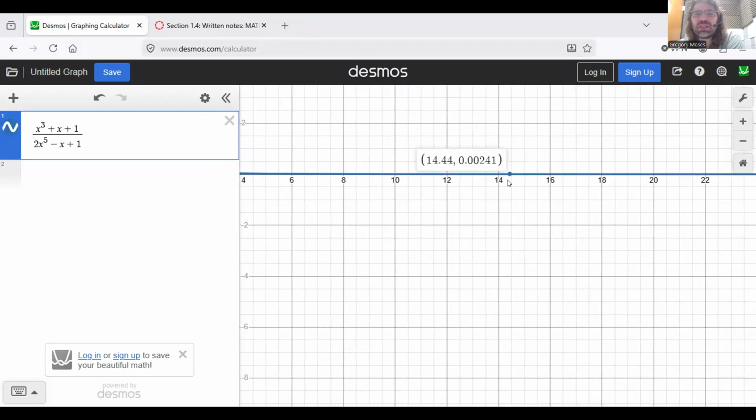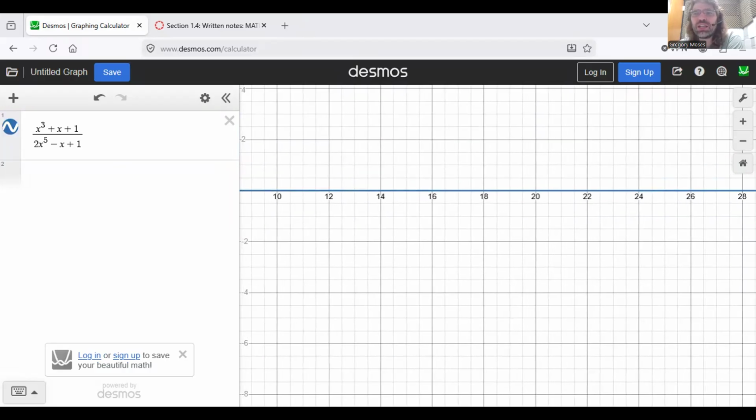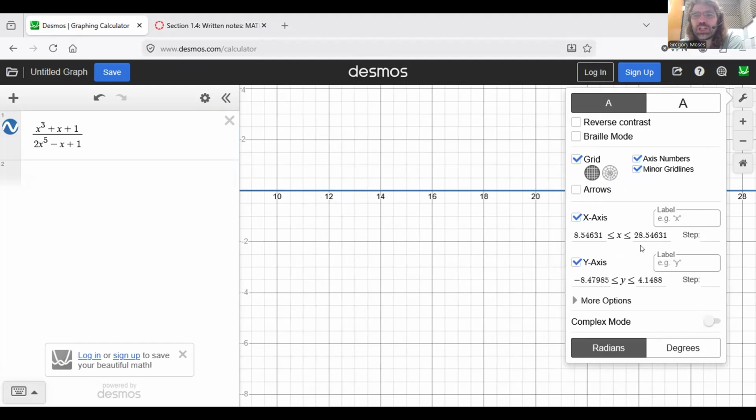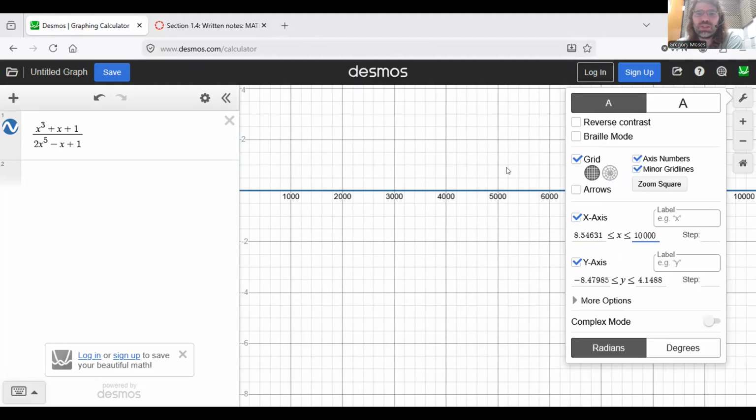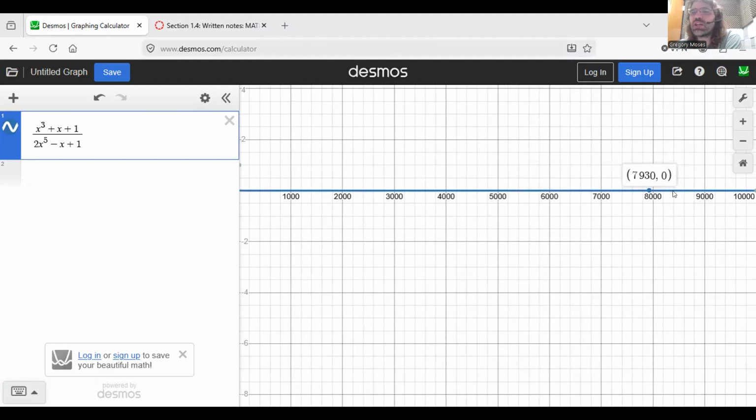But then as x goes to infinity, very quickly, this rational function settles down to 0. The limit as x goes to infinity is 0. And nothing else matters in this case, just the degrees.